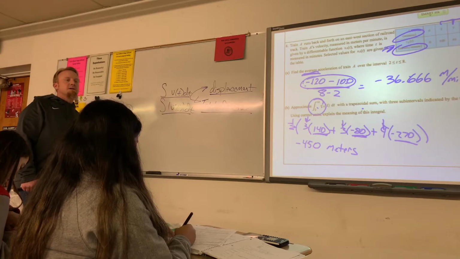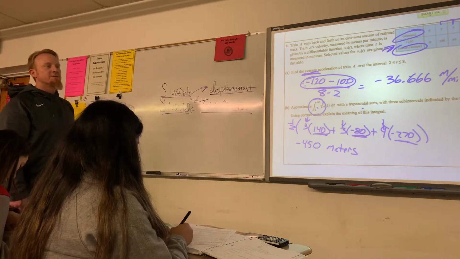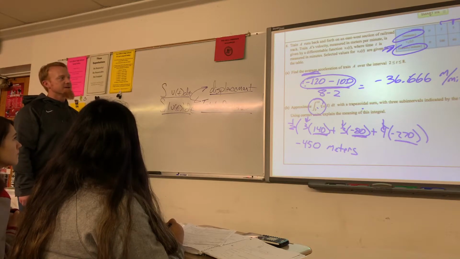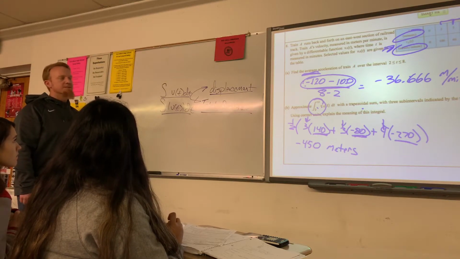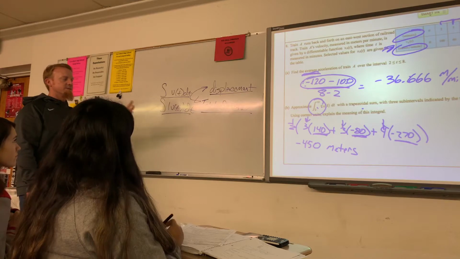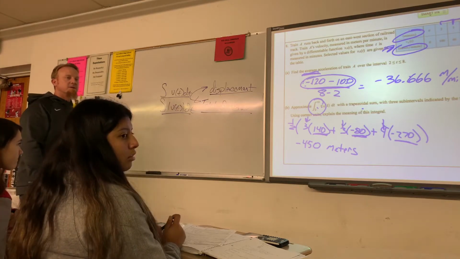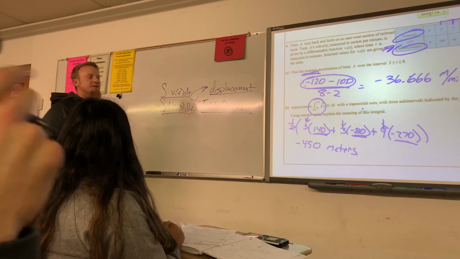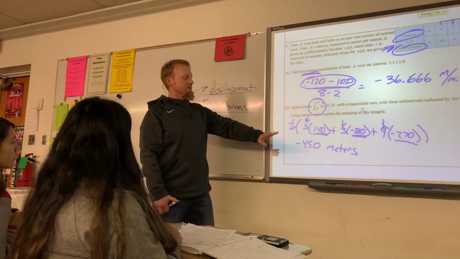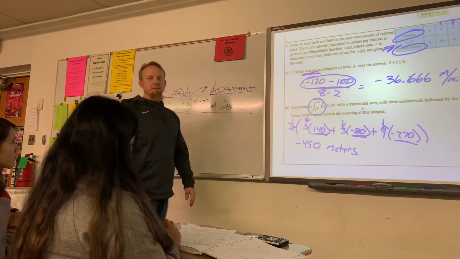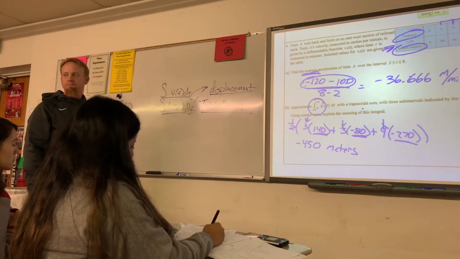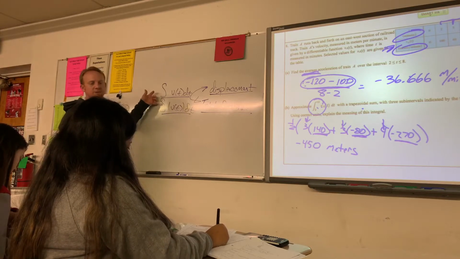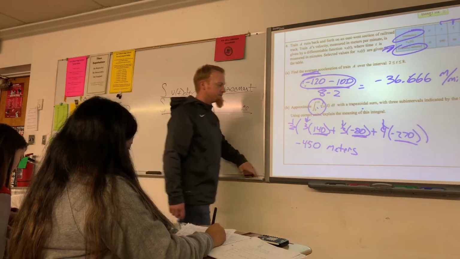What if it's going north or south? If it's north and south, the north would be the positive and south would be the negative. If it's east and west, I think the east is positive and the west is negative. So this would be 450 meters west from where we started. That's what's going on. I'm glad we brought this up because this is important stuff. This will come back to us later.